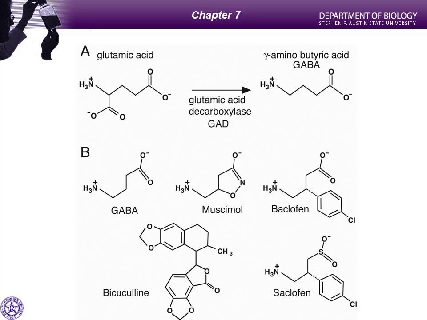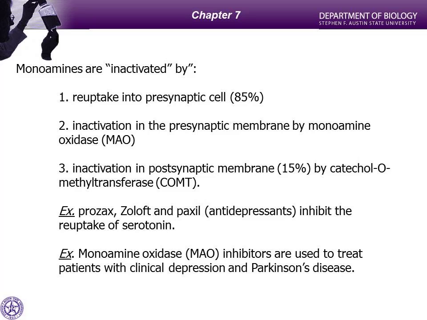Well, the monoamines don't work that way. They don't rely on enzymes in that space to destroy the neurotransmitter. They do most of their inactivation by taking the neurotransmitter back up into the presynaptic cell. Up to 85% of the neurotransmitter that is released is quickly taken back up. That effectively lowers the concentration.